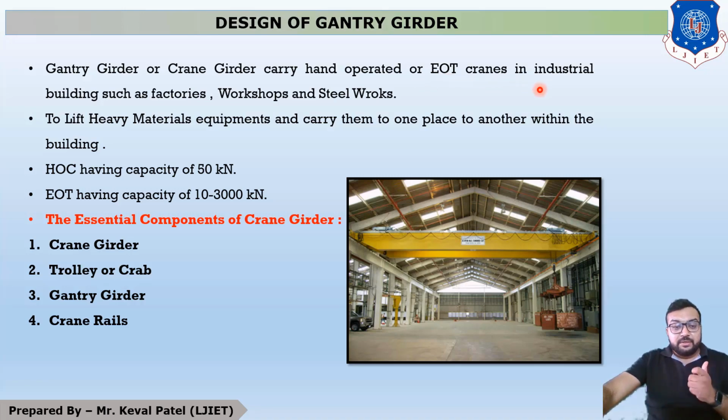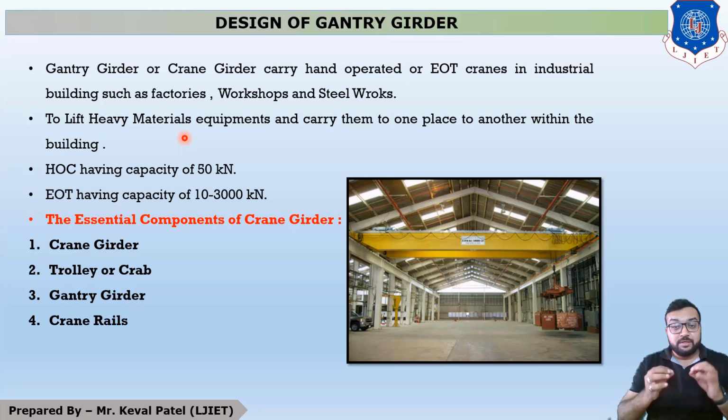EOT means electrically operated traveling crane. In industrial buildings such as factories, workshops and steelworks, this gantry girder is useful. The function of this gantry girder is to lift heavy materials and equipment and carry them from one place to another.